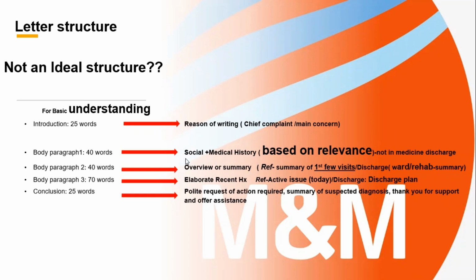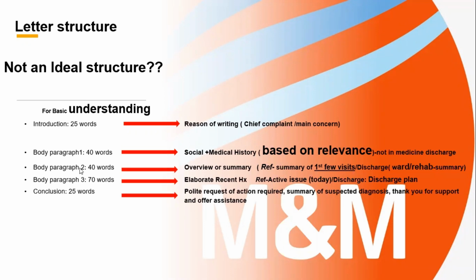In a referral letter, we can write social plus past medical and family history in the second paragraph if it's a strong factor in making the diagnosis or the management of the case. If it's not a strong factor or not a relevant point supporting your diagnosis or helping the management, then we will not add that particular social, past or family history here, right?